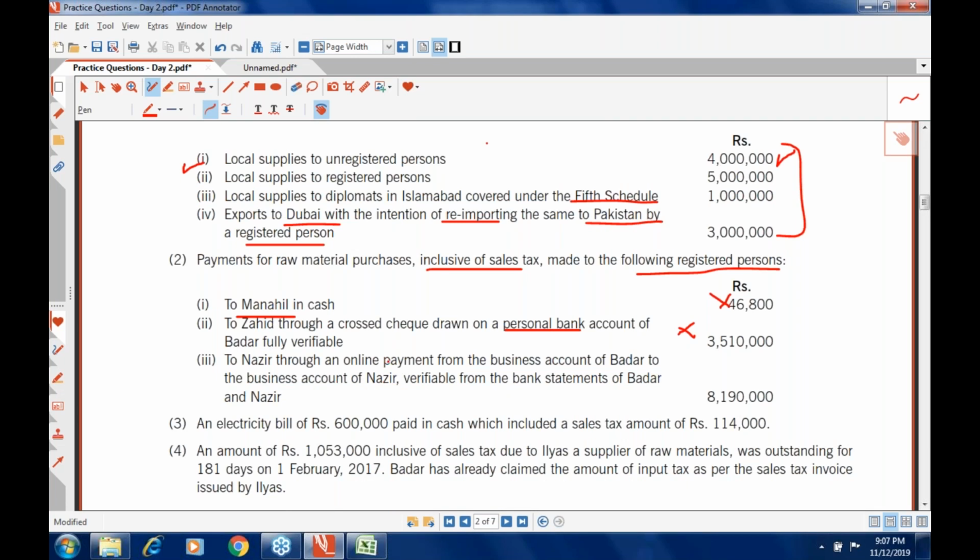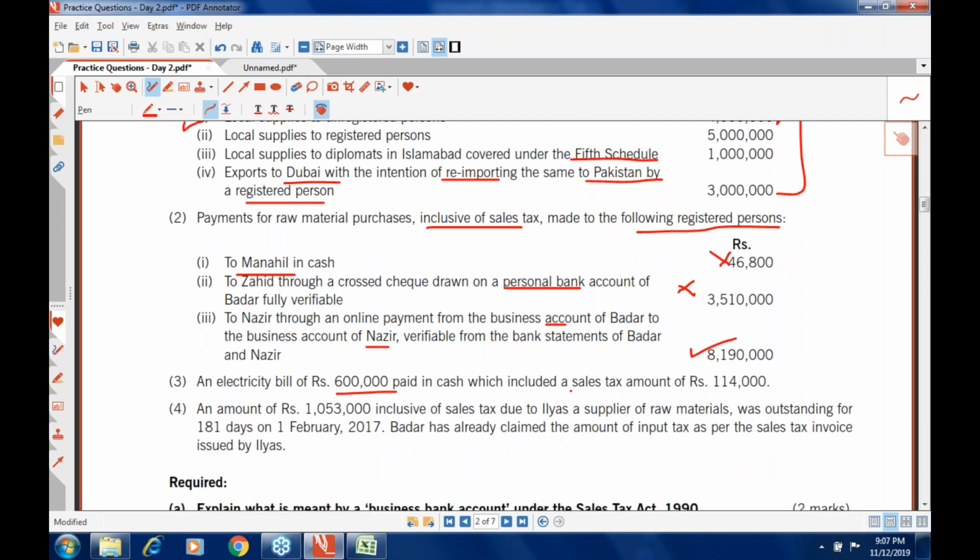To Nazir through an online payment from the business account of Badar to the business account of Nazir, verifiable, okay. Electricity bill of 600,000 paid in cash, okay, an electricity bill can be paid in cash. Otherwise, the other purchases from suppliers cannot be paid in cash, but the electricity bill can be paid in cash.